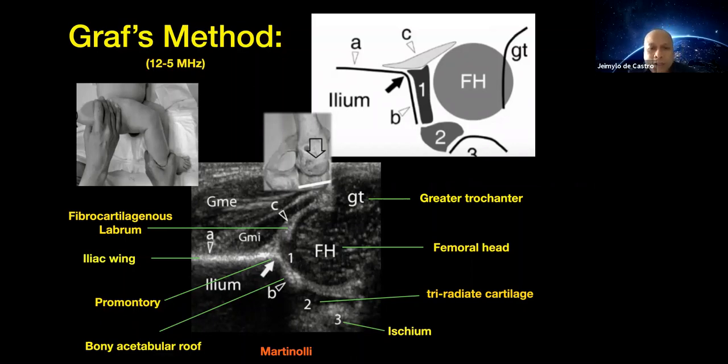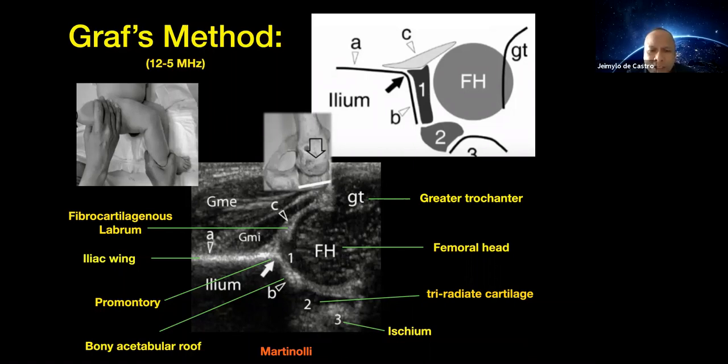So you can see first the femoral head. As you can see, it's rounded, and then you can see an echogenic line to your left. That is your iliac wing, okay? Then of course, you can see just below the iliac wing, the promontory, that is the angle, okay? And then just below that promontory, there is that echogenic structure, which is your bony acetabular roof. If you consider this as a roof, then you will notice that this is actually the reverse.